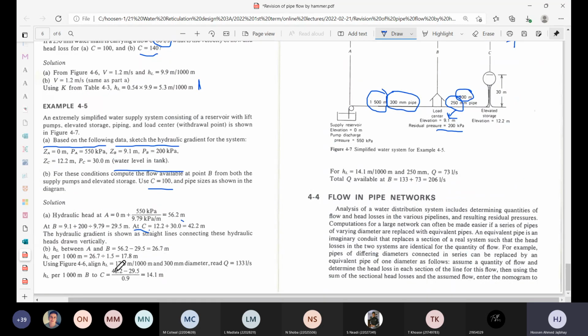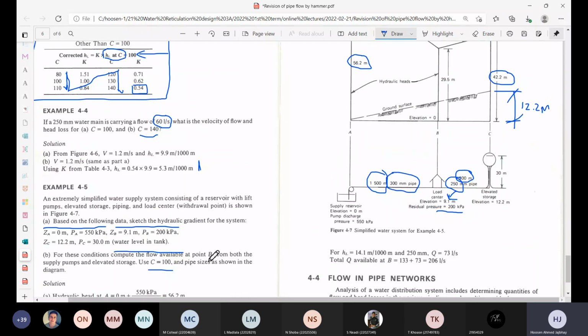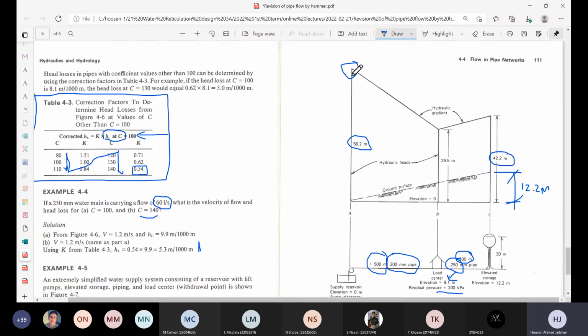To determine that, for the second part of it, we need to know what's the head loss between A and B. And that's simple. The hydraulic head at point A was 56.2, and by the time it arrives at point B, the hydraulic head that's left in that pipeline is 29.5 meters.